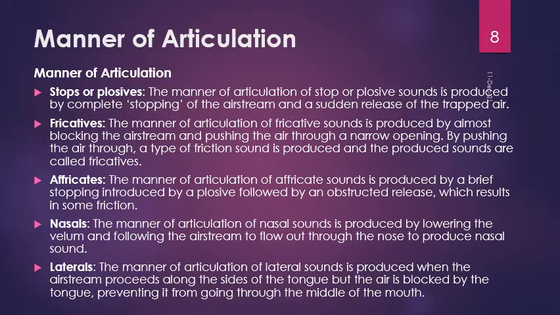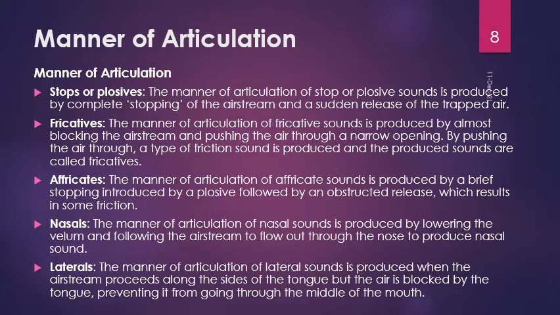The fricatives. This is a manner of articulation where sounds are produced by almost blocking the air stream and pushing the air through the narrow opening. By pushing the air through, a type of friction sound is produced, and the produced sounds are called fricatives.